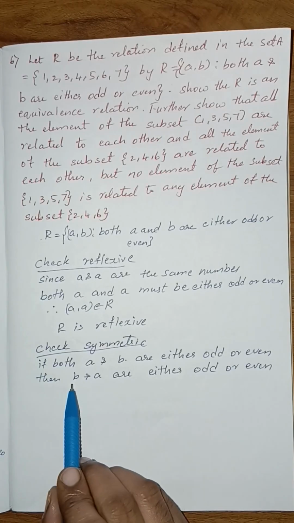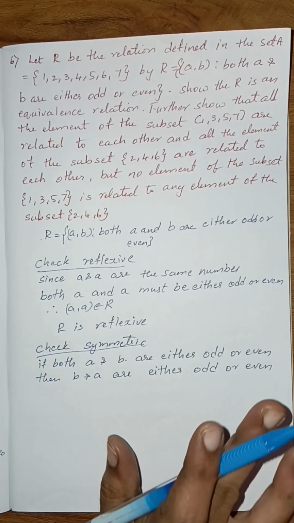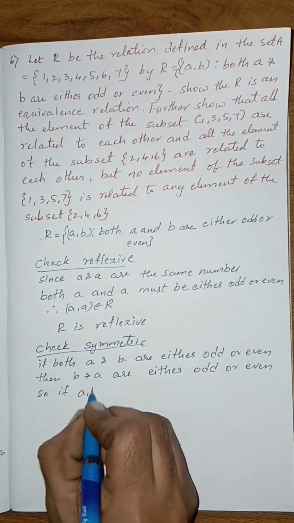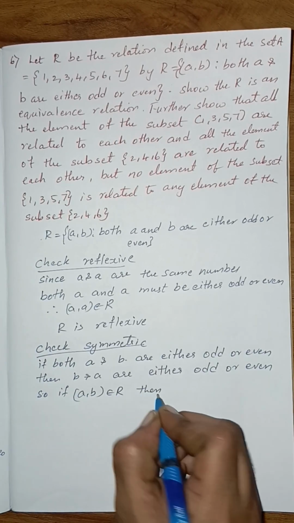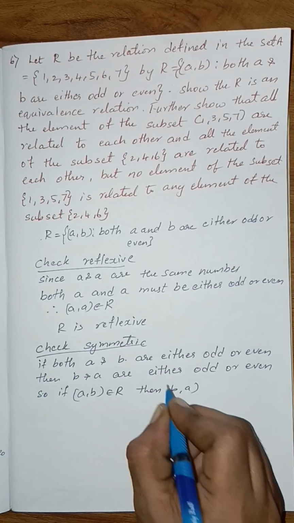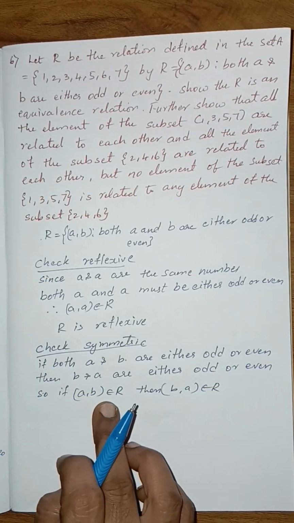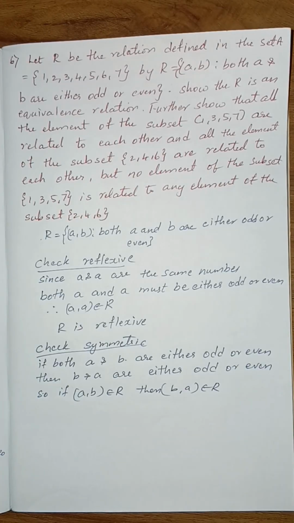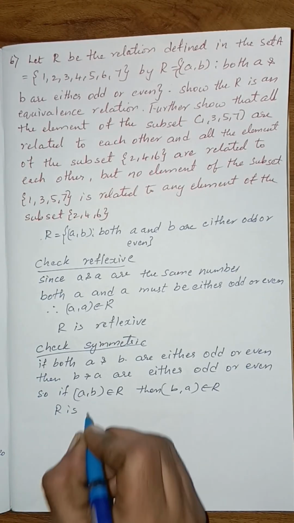Again, 4 and 2, if you take, it is again even. Similarly, if you take 1 and 3, both are odd. So R is symmetric.